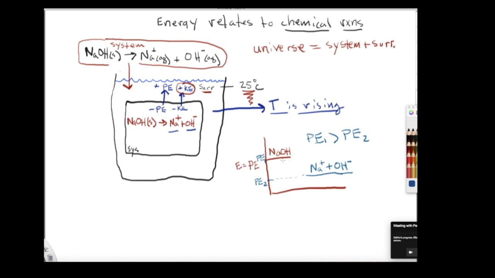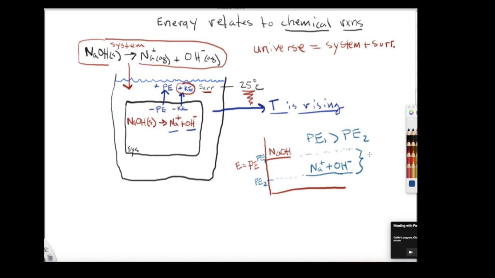All right, now you might be wondering, what does he mean by the kinetic energy? Look at the difference here between these two platforms. If we put a number down here by PE2 and a number here by PE1, we could determine exactly the energy difference between these two locations.